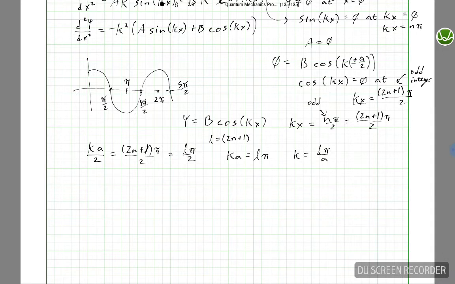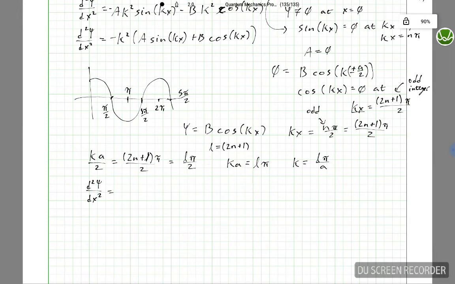And then if I look back at my original equation, I had d squared psi dx squared equals -2m over h bar squared times E psi.